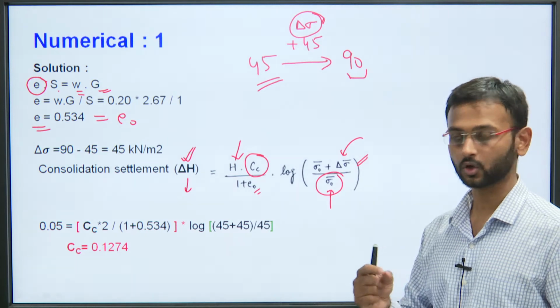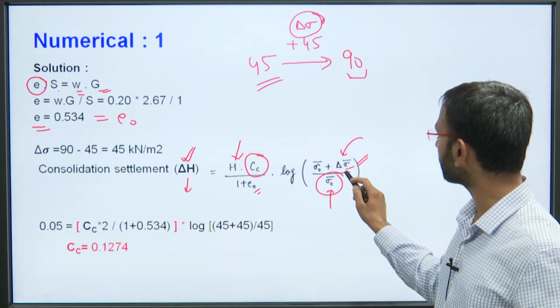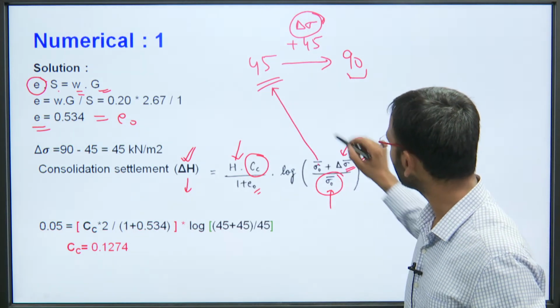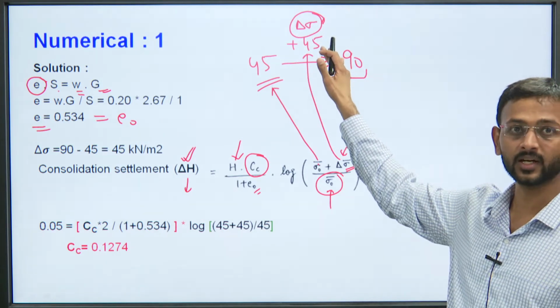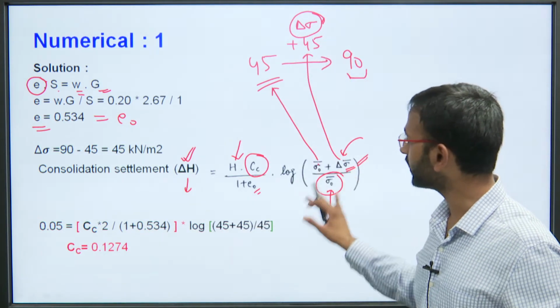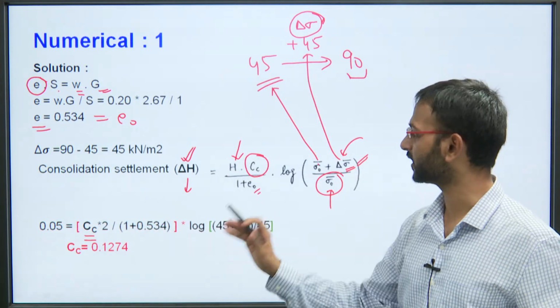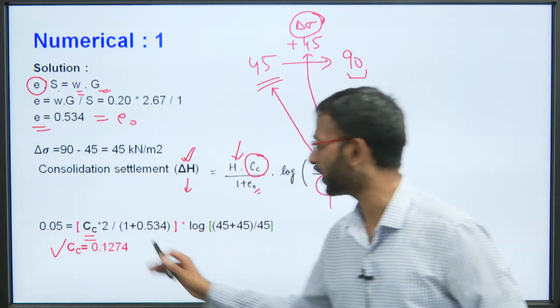So this is 45 plus 45, because the change is 45 here, and the initial overburden pressure is 45, plus the change delta sigma. When you put these values, there is nothing else I have to tell you here. This Cc comes out to be 0.1274.